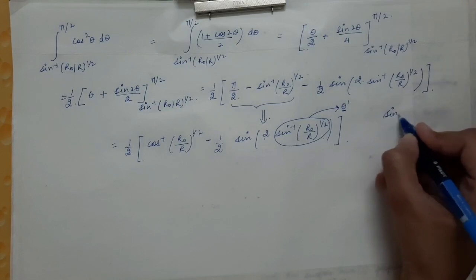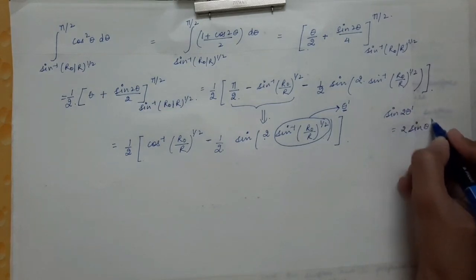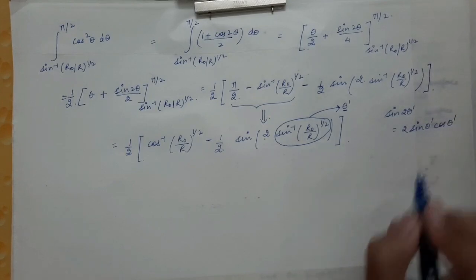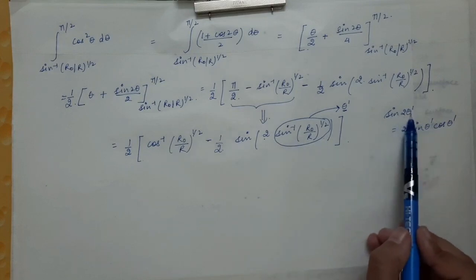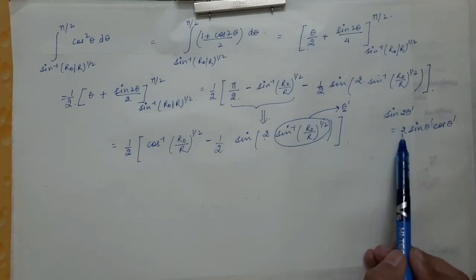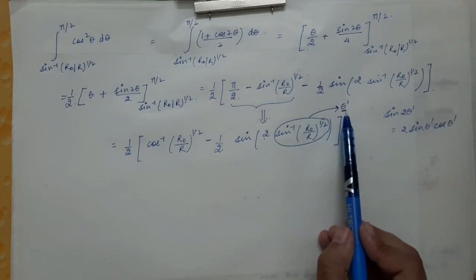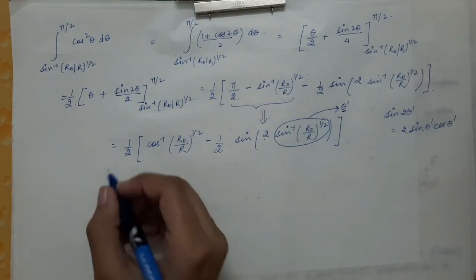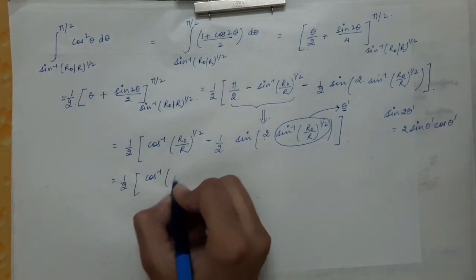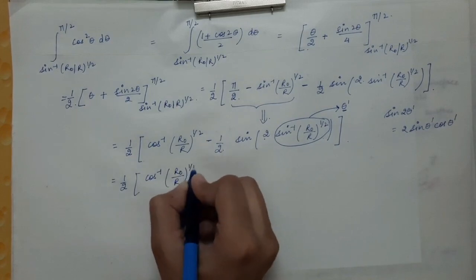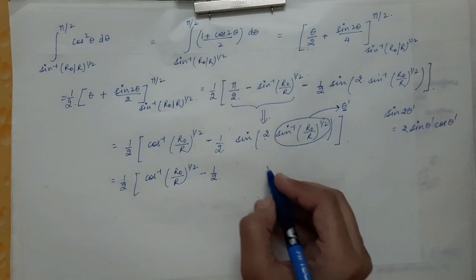Sine of 2 theta prime will be equal to 2 sine theta prime into cos theta prime. We use the identity sine 2 theta is equal to 2 sine theta cos theta. This term we have supposed equal to any random angle which is theta prime. So this will be equal to 1 by 2 into cos inverse of (r naught divided by r) power 1 by 2 minus 1 by 2. Then you will get 2.